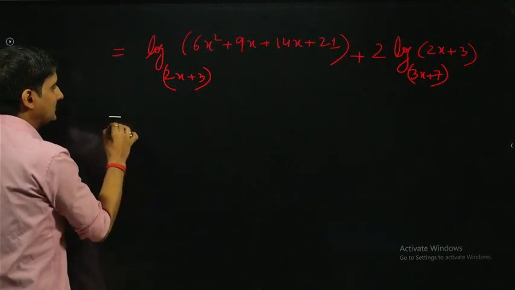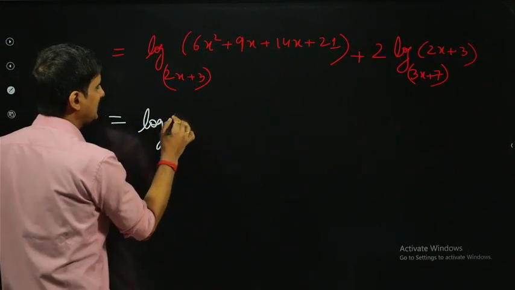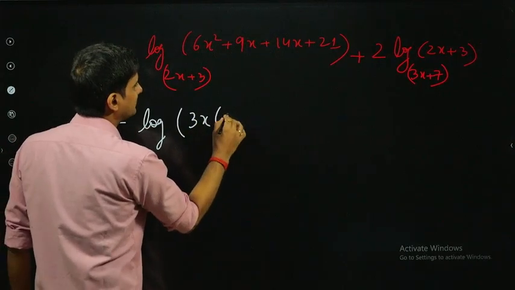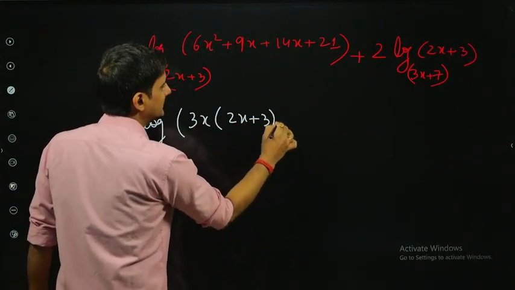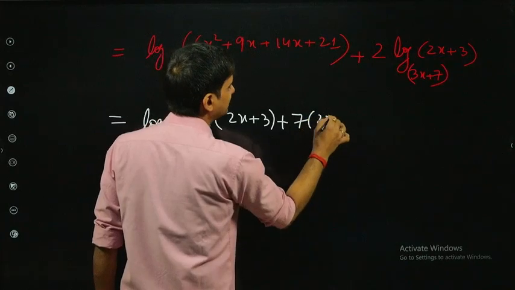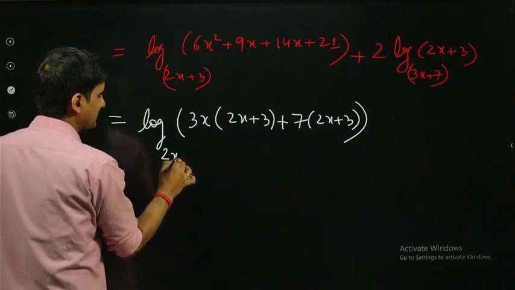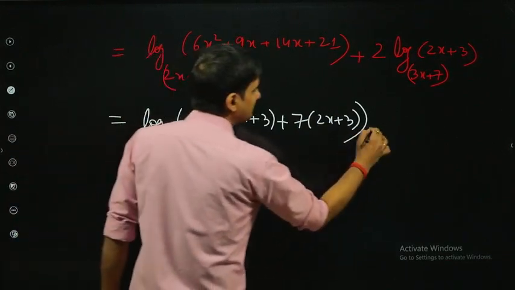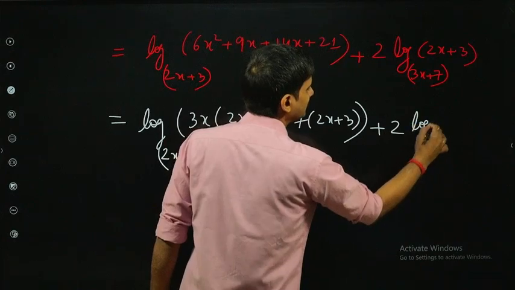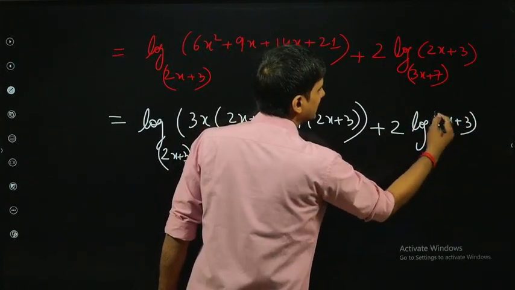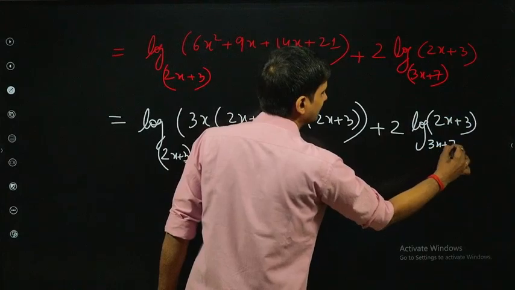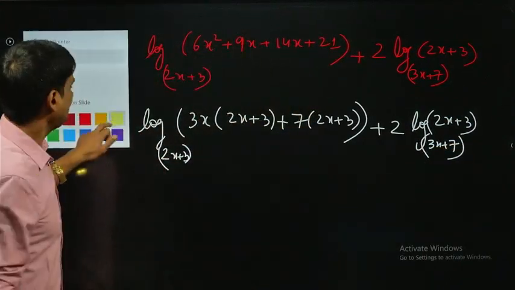Okay. So now what? So now I can take 3x common here, so it's 2x plus 3 plus 7 common here, 2x plus 3. See, that's what we were expecting actually. So to the base 2x plus 3, and then plus 2 times log of 2x plus 3 to the base 3x plus 7. Okay, now moving ahead.